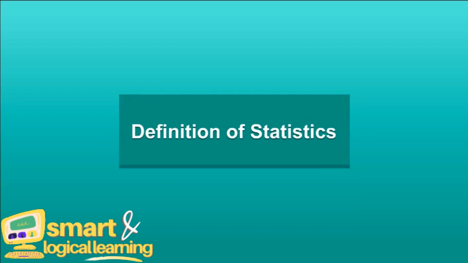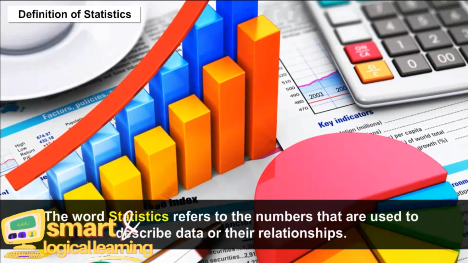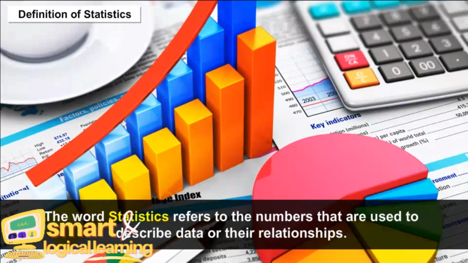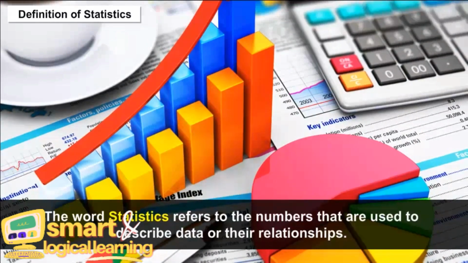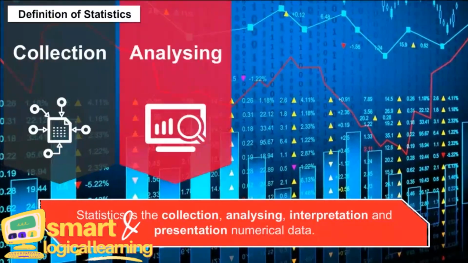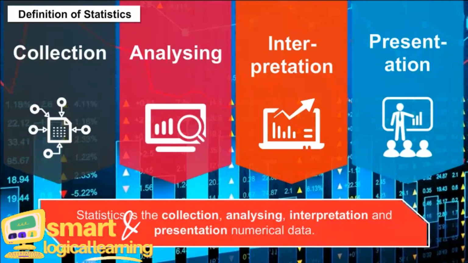Definition of statistics. The word statistics refers to the numbers that are used to describe data or their relationships. Statistics is the collection, analysis, interpretation, and presentation of numerical data.